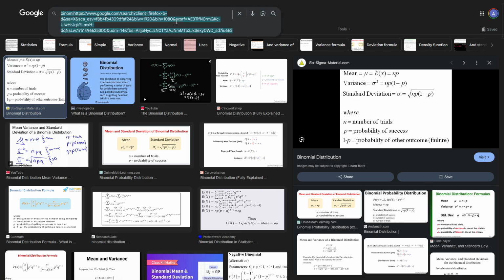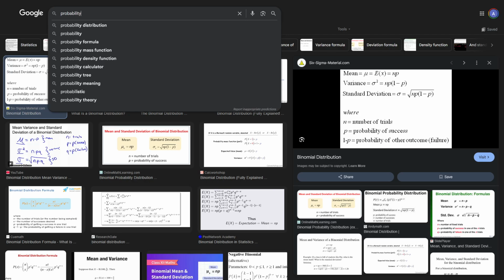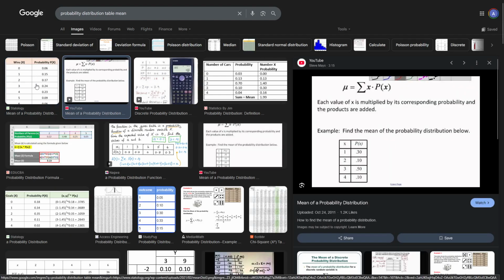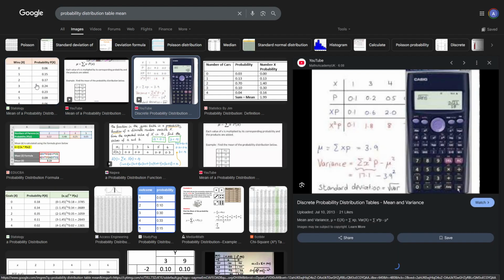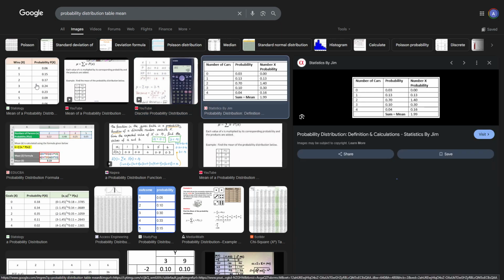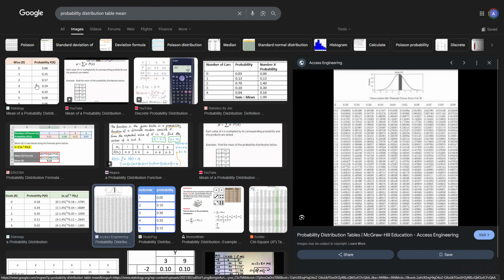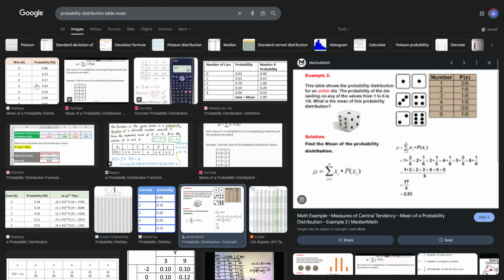No, probability distribution, table, mean. Do we plus or do we times or do we divide? Plus, okay.